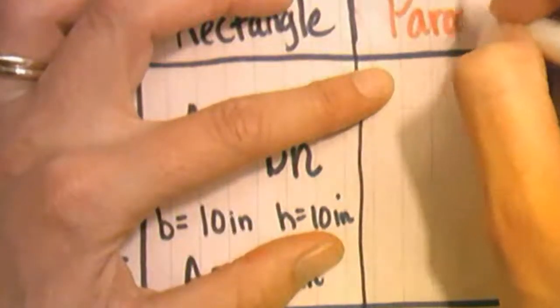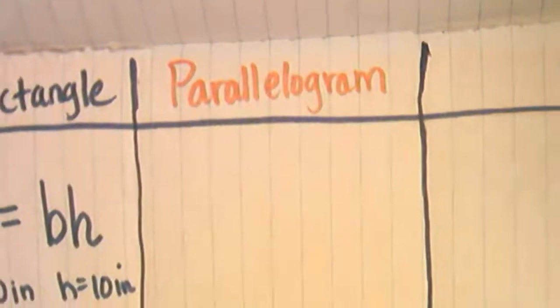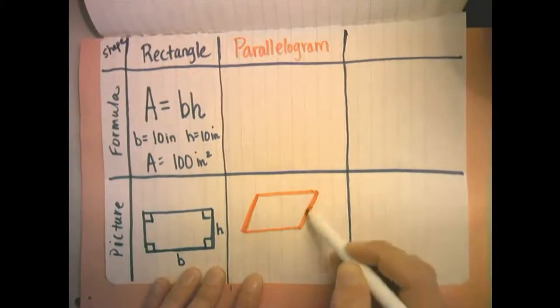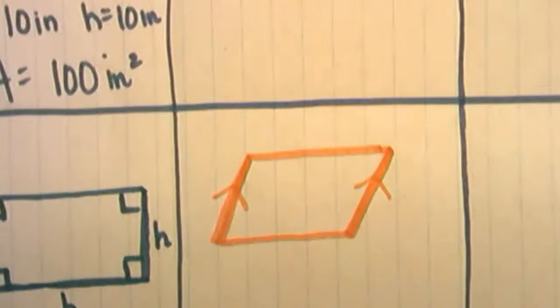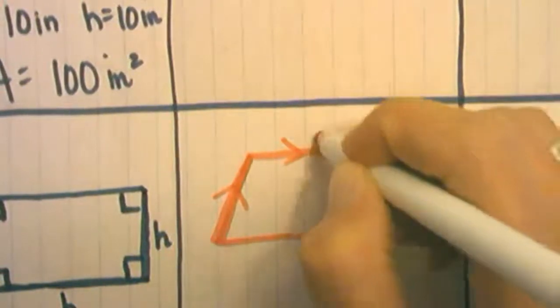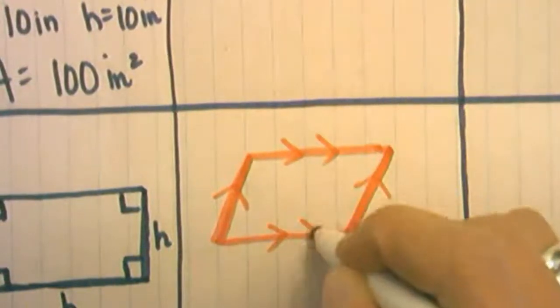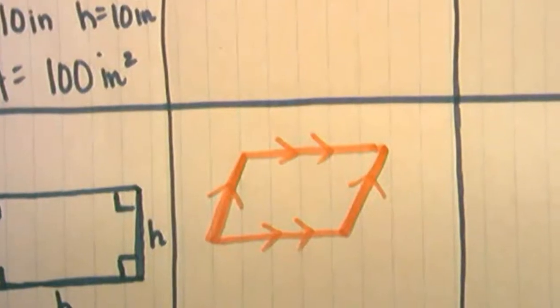Next we're going to talk about a parallelogram. The way we say it is that it has 2 sets of parallel sides, and that's what Shalene meant when he said that too. So here's one set of parallel sides, and we learned to show that with the parallel symbol, and then a second set of parallel sides makes it a parallelogram.